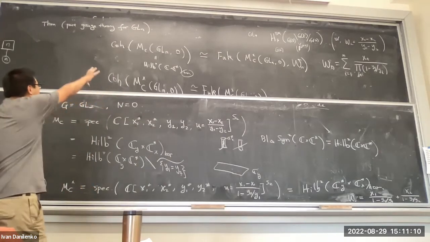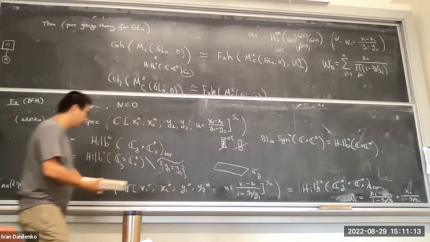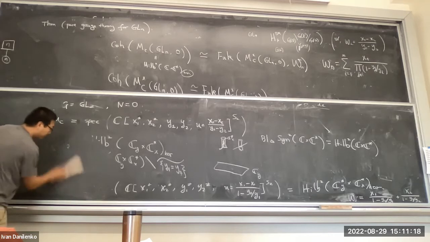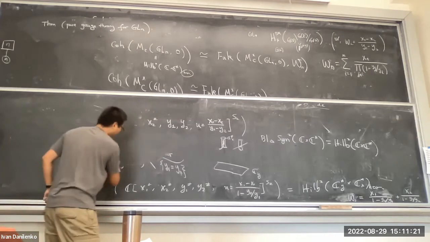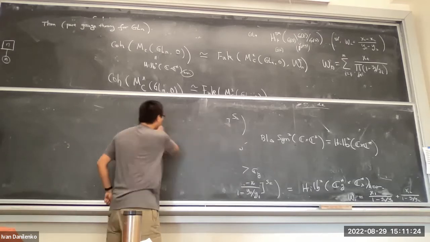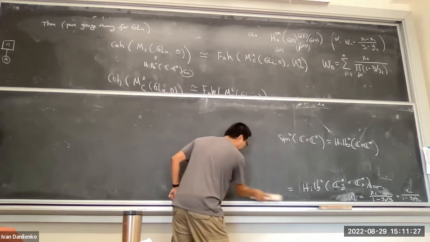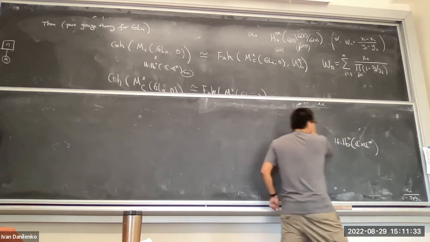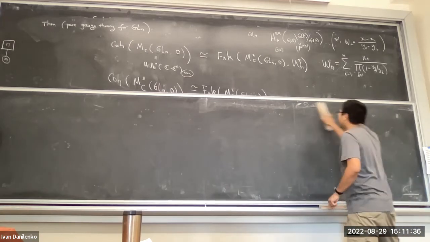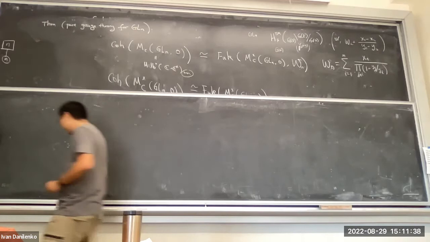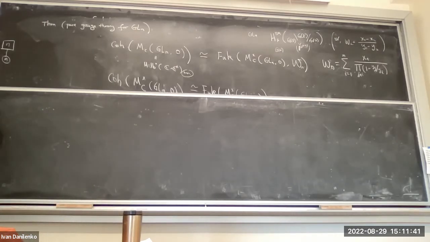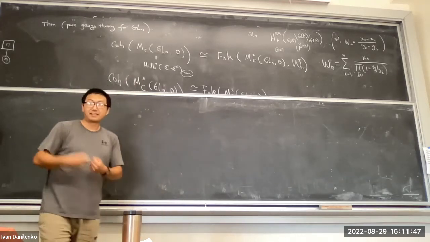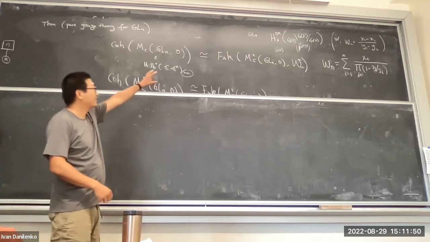Okay, so that's the rough plan. Now I'm going to tell you the third layer in this story, which is the algebra. In some sense we're cheating, because we know what the answer we want to get is, and we try to say what the object we're looking for is.